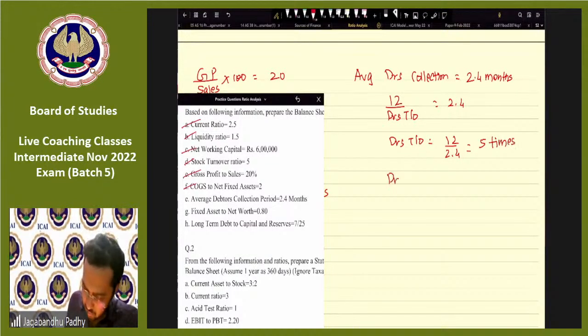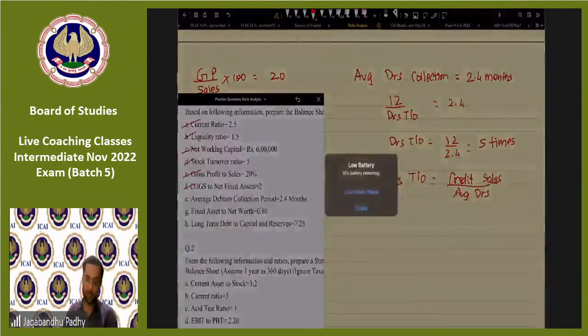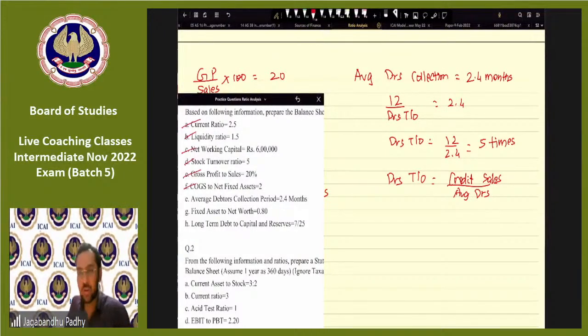And we know that debtors turnover is given as credit sales upon average debtors. Now remember, in this question, there's no information regarding how much of your sales is on cash and how much is on credit.